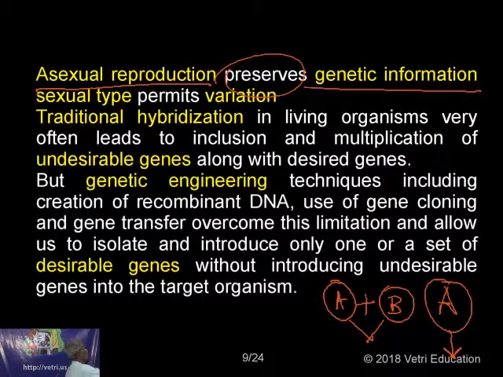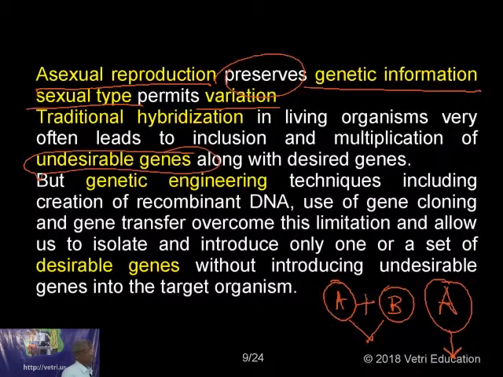But the sexual type permits variation. In traditional hybridization in living organisms, it very often leads to inclusion and multiplication of undesirable genes entering. So this is where we are using biotechnology.